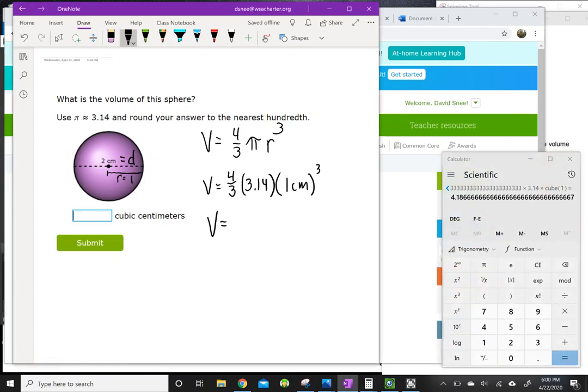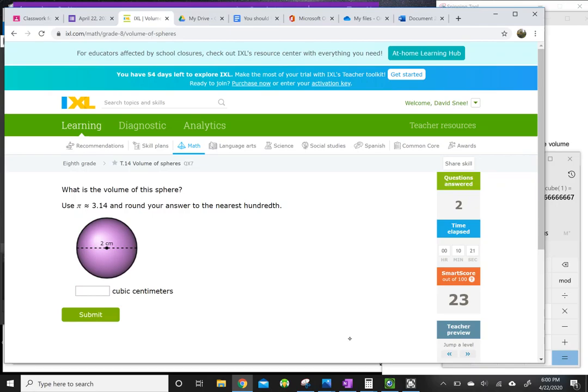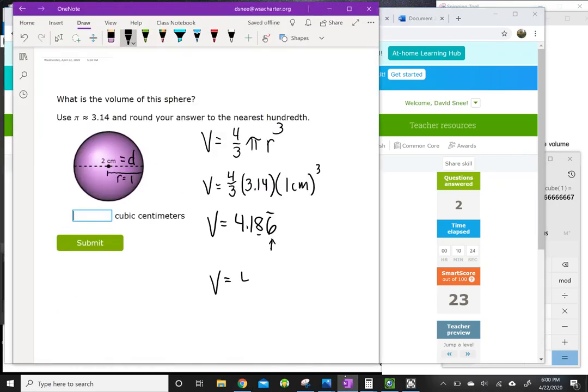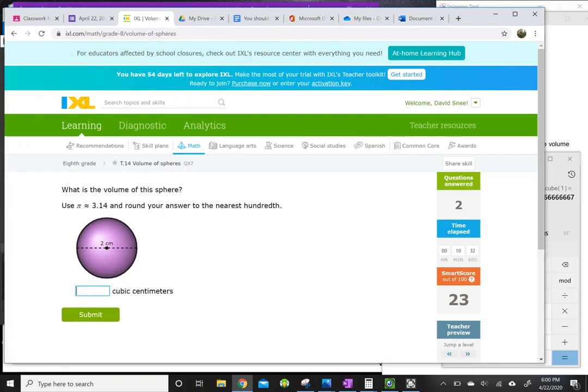So V equals 4.186, repeating, and it says round to the nearest hundredth. That 6 tells me to go up, so V equals 4.19 centimeters to the third power, or cubed. Okay, 4.19. Let's try that out.